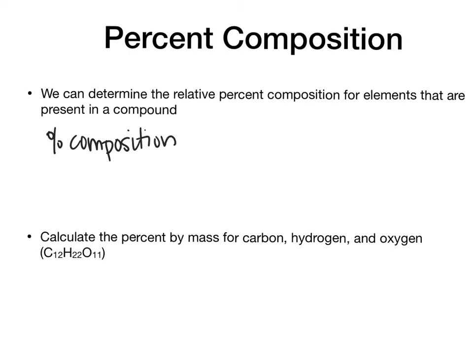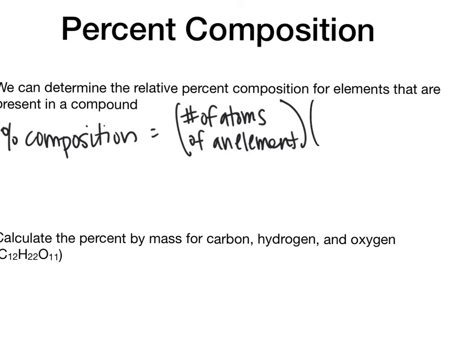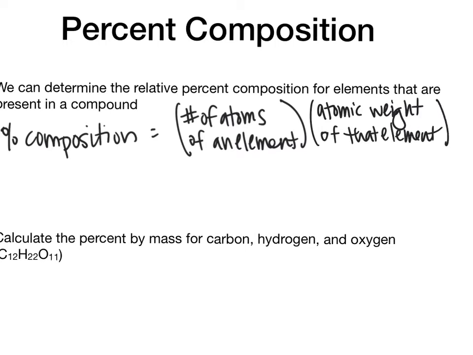Percent composition is equal to the number of atoms of an element multiplied by the atomic weight of that element divided by the molecular weight.